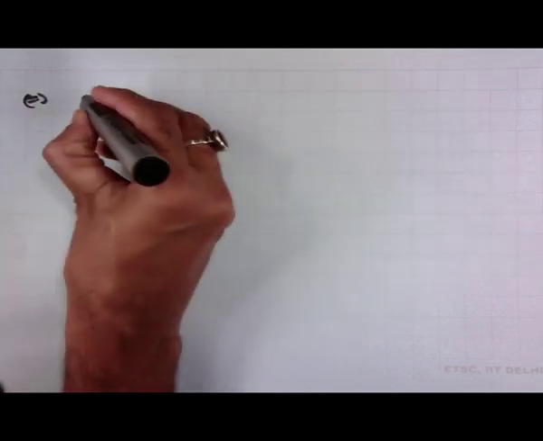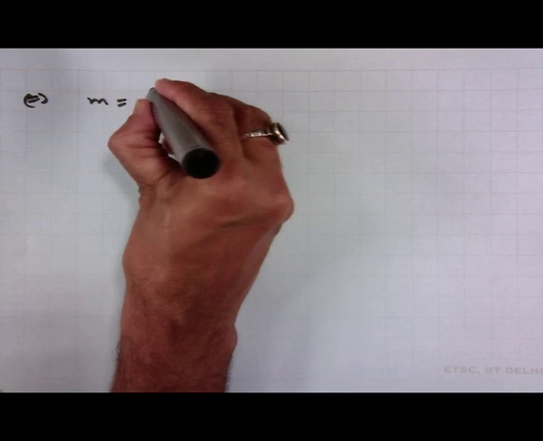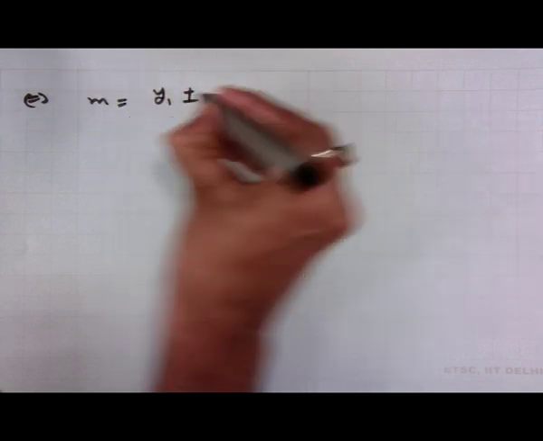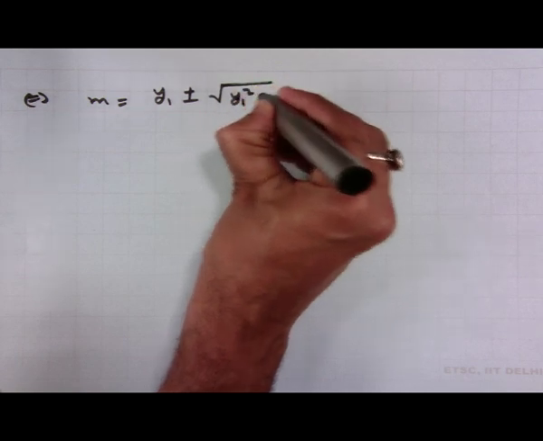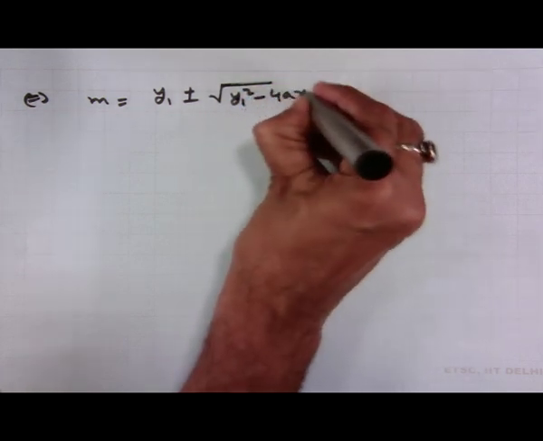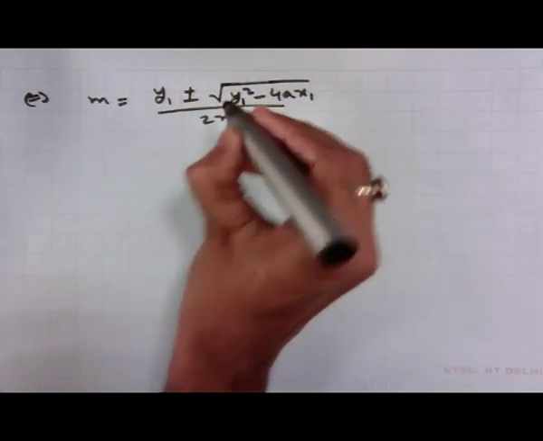It gives m is equal to y 1 plus minus square root of y 1 square minus 4 a x 1 divided by 2 x 1.